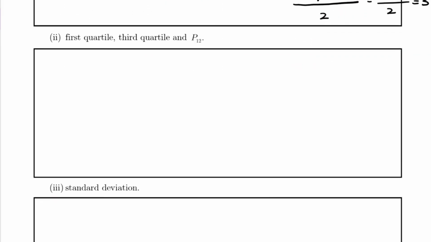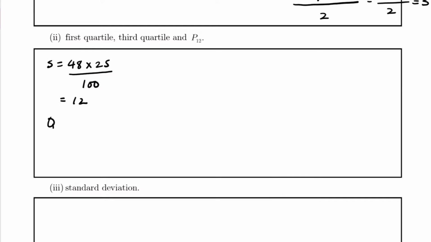For the next question, we need to look for the first quartile, third quartile, and P12. So for the first quartile, s is equal to 48 times 25 over 100, equal to 12.